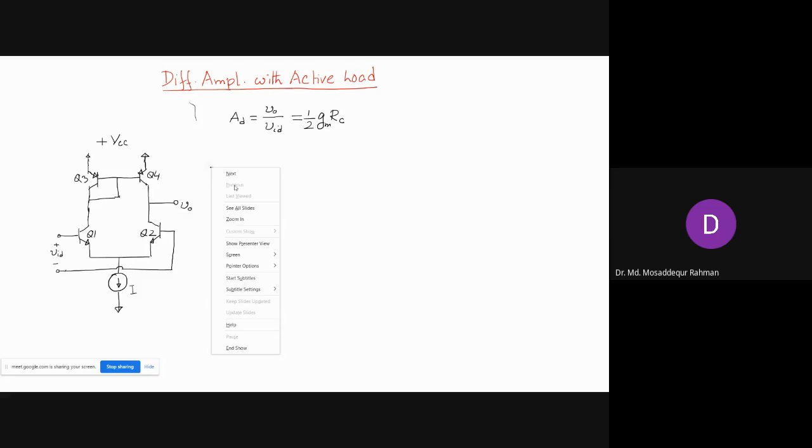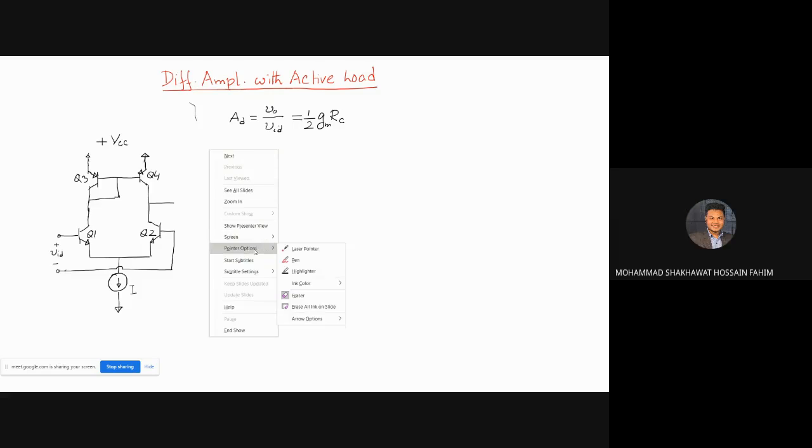What is r0? The resistance between the collector and the emitter, the small-signal output resistance. Okay, let's see what the gain is.